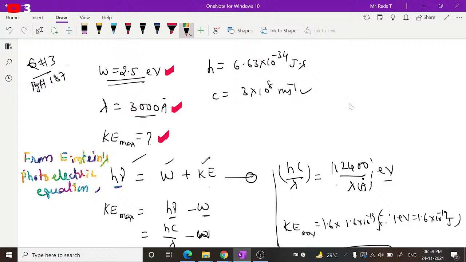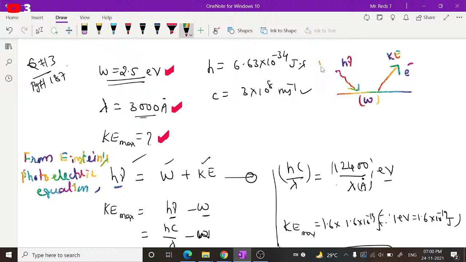On a metal surface, if a photon of energy h nu is incident, it is spent in two parts. A part will be spent to overcome the work function of the metal surface, and the remaining energy is given as kinetic energy for the ejected electrons.